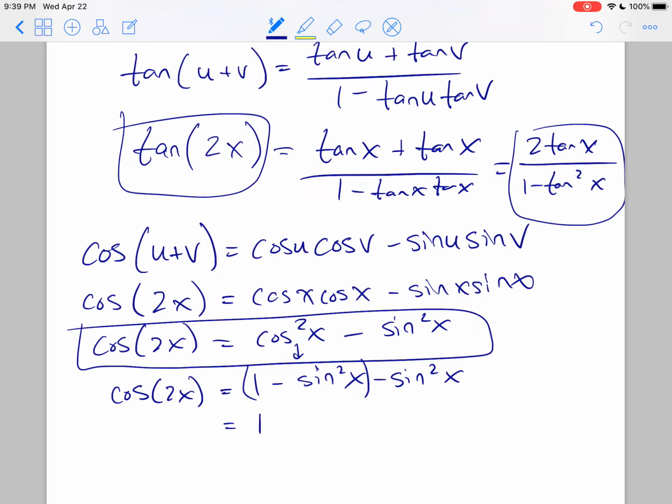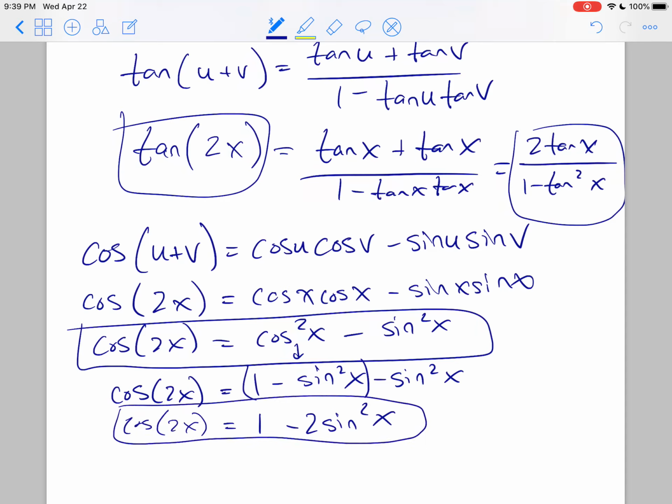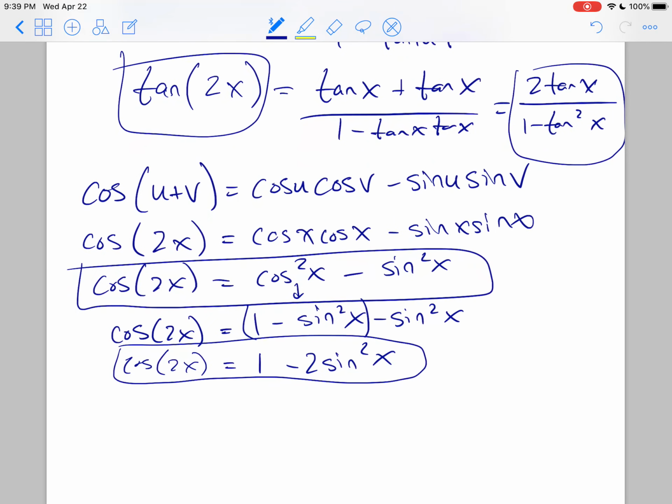And that gives me 1 minus 2 sine squared x. So this is another version of the cosine double angle formula. And yet there's a third version, because I can replace sine squared x with 1 minus cosine squared x. And when I do that, cosine of 2x gives me 2 cosine squared x minus 1.